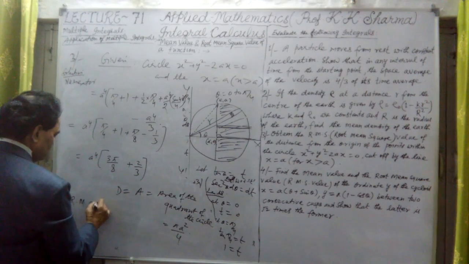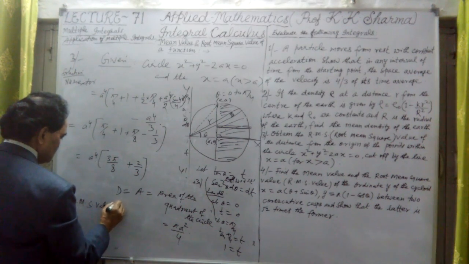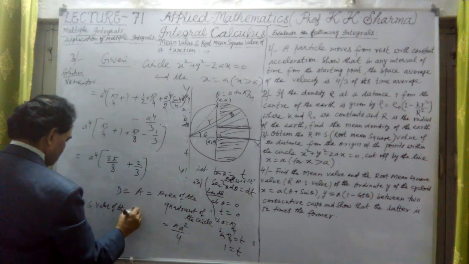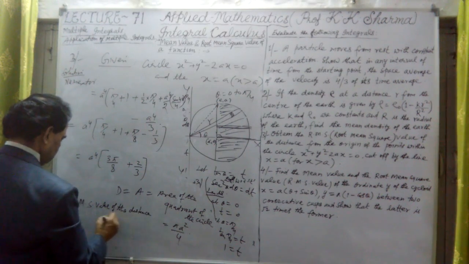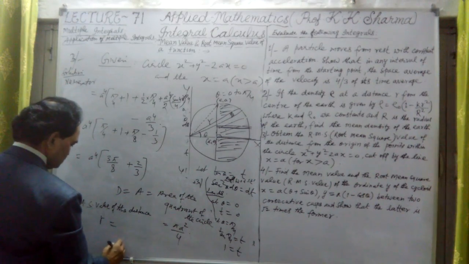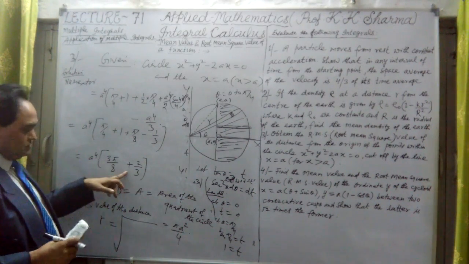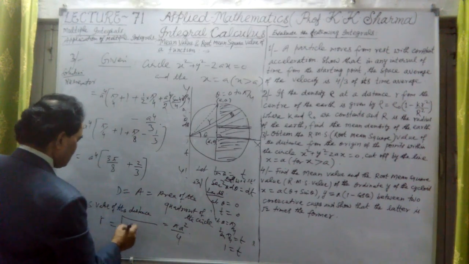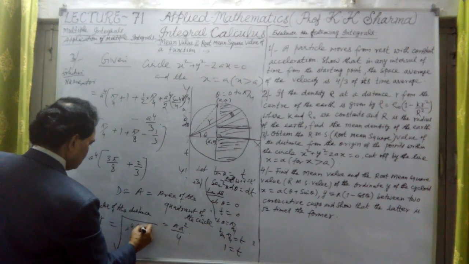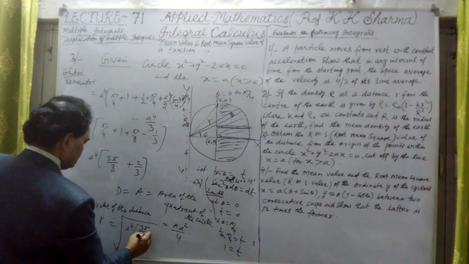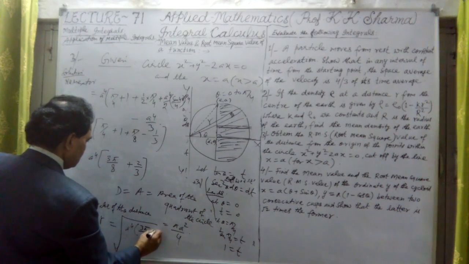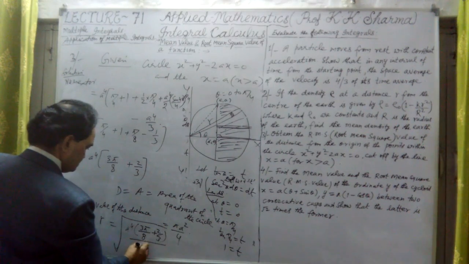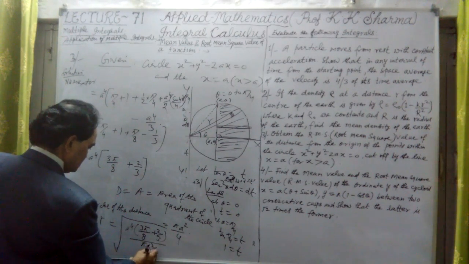Therefore, the root mean square value of the distance R is equal to the square root of the whole, the numerator. That means a^4 times the bracket 3 pi by 8 plus 2 by 3, divided by this pi a square upon 4.